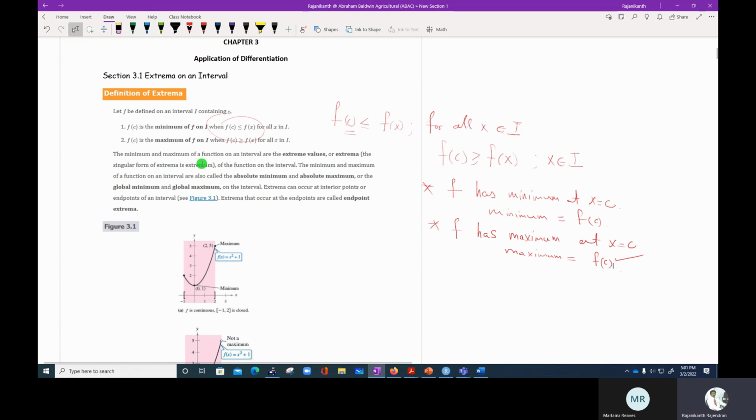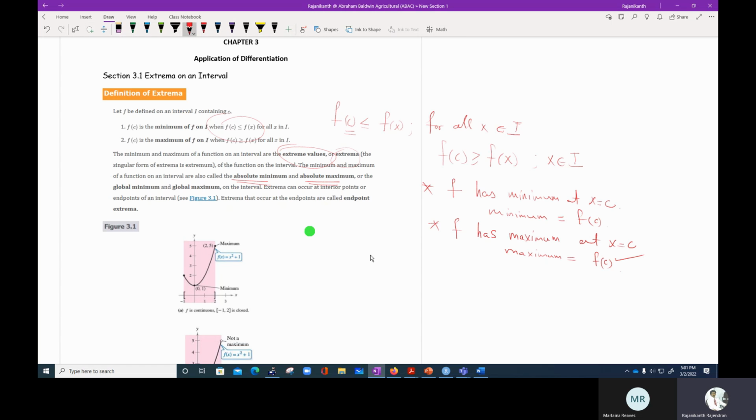The minimum and maximum values of the function are sometimes called extreme values, or extrema. The minimum and the maximum of the function over any interval are also called the absolute minimum or absolute maximum.